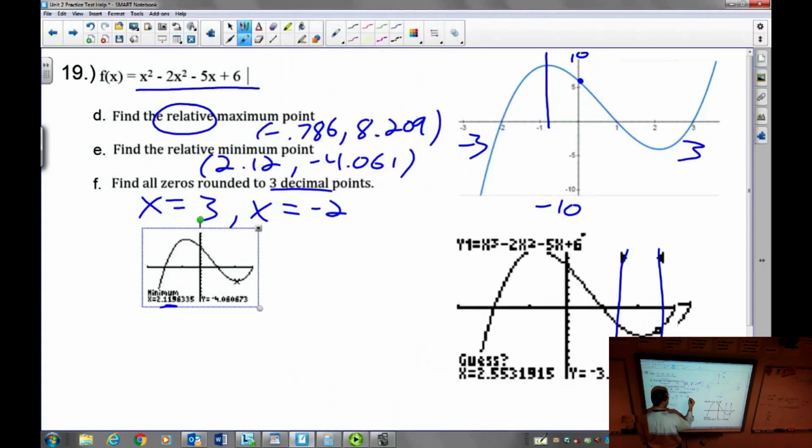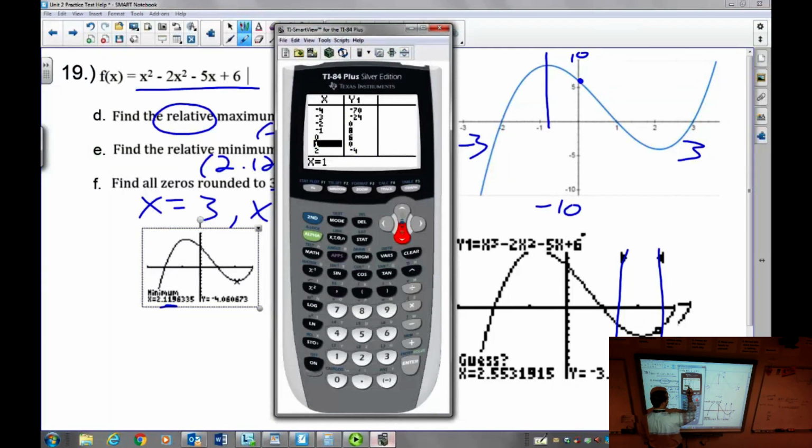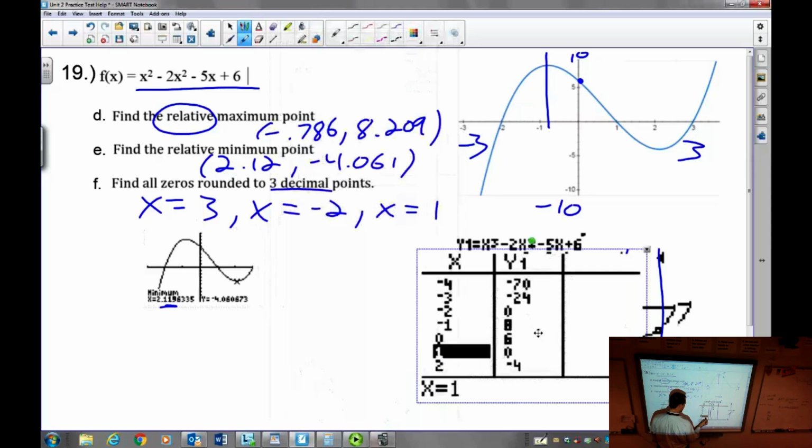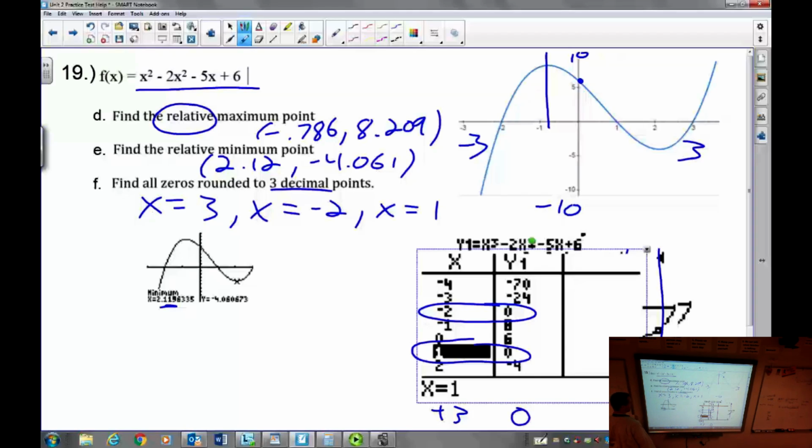We already got 3, and so x equals 1. Let's verify that. Yep, 1, 0. So right there are our zeros. Also, I had a positive 3, 0 as well. Cool. So there's your zeros for number 19.